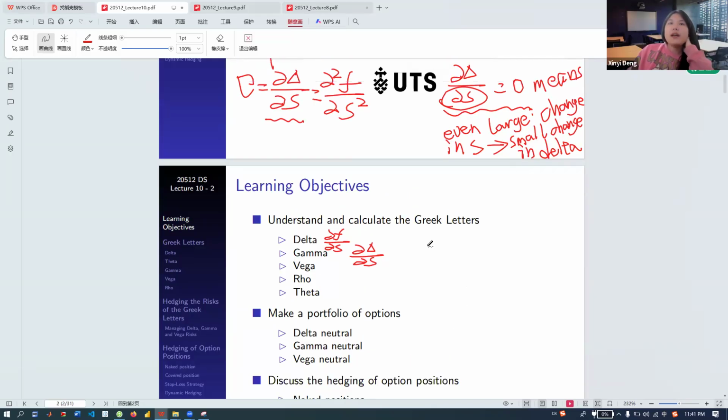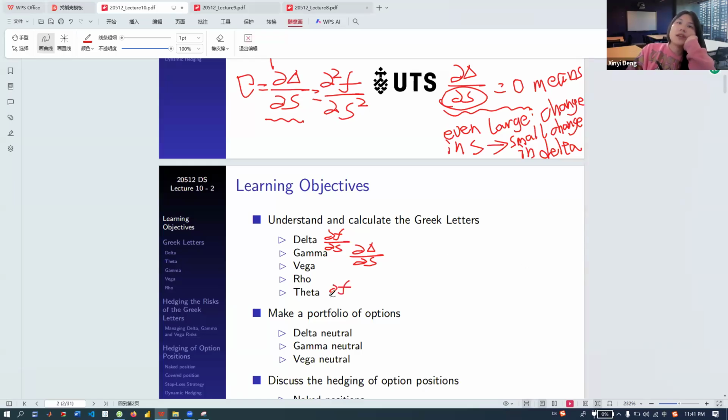So for vega, as we can tell from its name, it's a first order derivative of the option prices with respect to volatility. And for rho, as we just discussed, it's a first order derivative of the option prices with respect to the interest rate R. Then for theta, it's the first order derivative of option prices with respect to the passage of time.